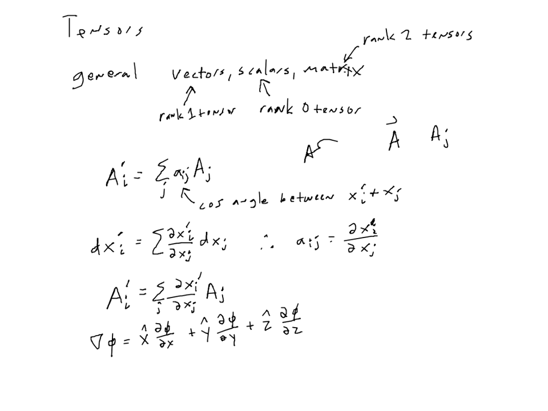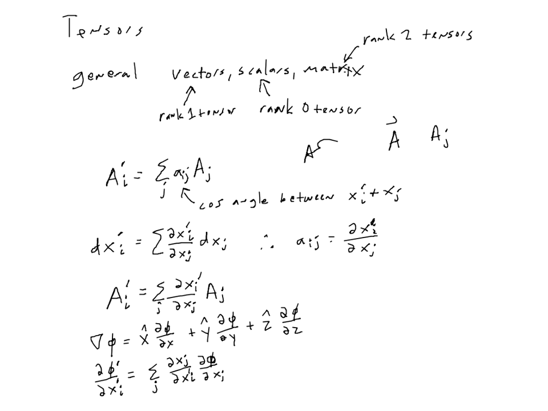And so you get from this, then, that if we take, say, this del operator, where this is effectively taking the derivative with respect to each component, then taking the derivative of the scalar with respect to x prime i, and I'm going to call this phi prime, is equal to the sum over j of partial xj over partial x prime i with partial phi partial xj.